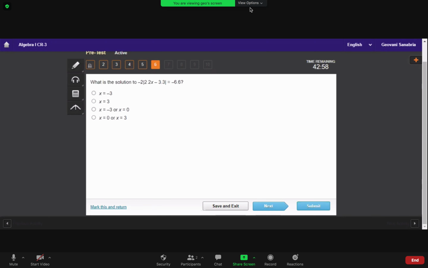So let's do 3.3 times 2 negative equals 6.6. So I got 3.3 for the absolute value, times 2 negative equals -6.6. And so that one works. Yeah, so that was the regular 3.